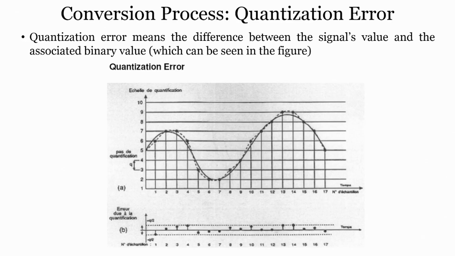You can very easily see the errors in this block: the signal value over here and the associated binary value, there is a difference here, here, and here, and if I plot it, it is like this. So this is the difference of the signal value and the binary value. This is your error.